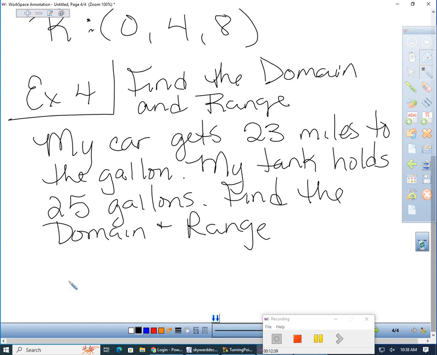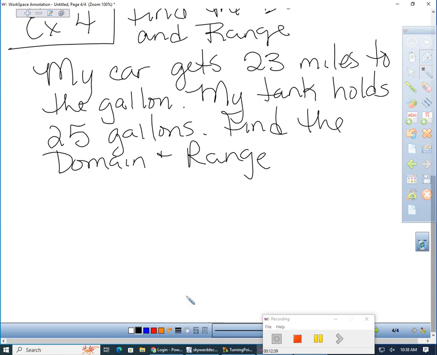Which one of those is the independent variable? The gas in my car or the distance we're going? The gas in my car, right? That means my domain has to do with the amount of gas in my car. Everybody agree there?